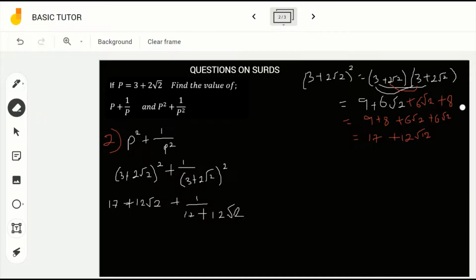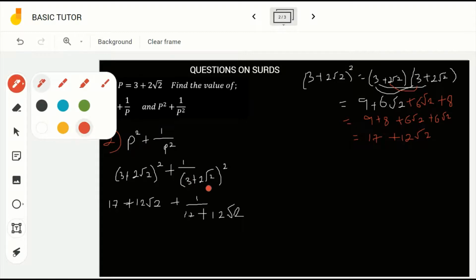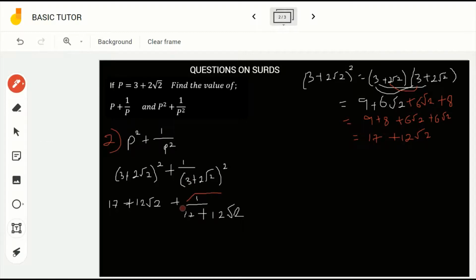Okay. Now I can easily solve this question. Again, I have to rationalize my right hand side.